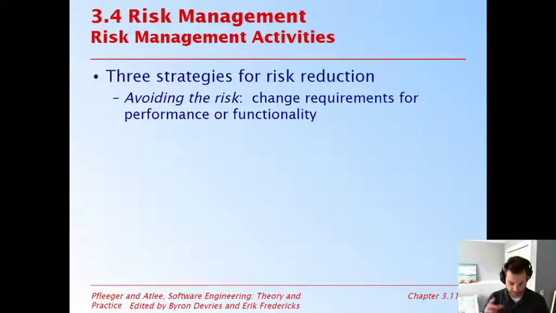Let's say we're speccing out an autonomous vehicle. The risk is that the autonomous vehicle makes the wrong decision and crashes into a wall. That would be an obvious risk, and it's something you actually have to think about when developing these systems. How do we avoid that? Let's make it non-autonomous.